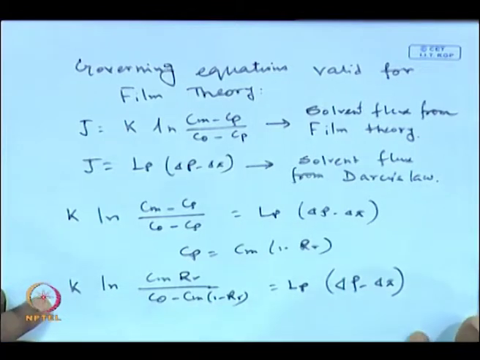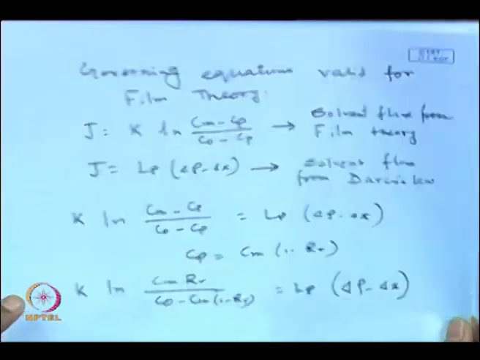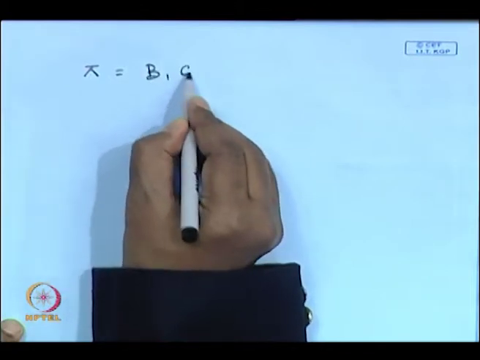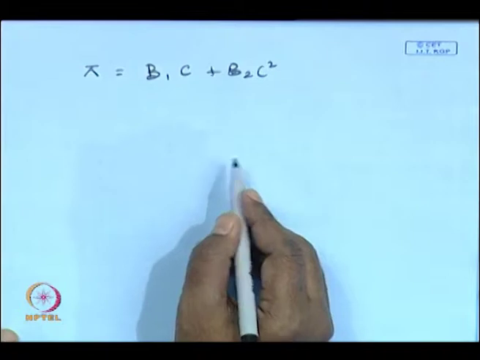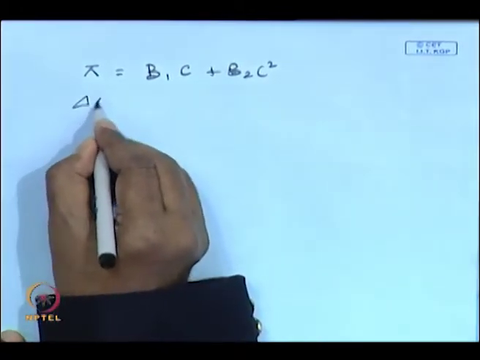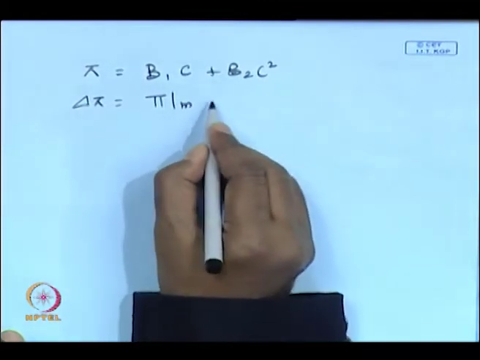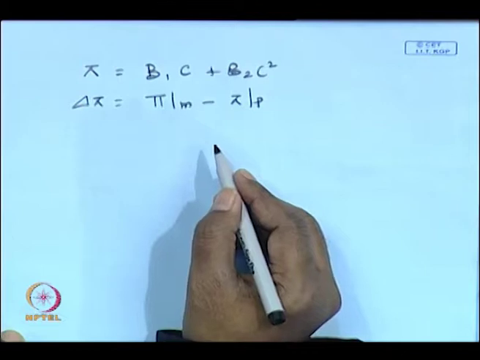Okay. Now, we will just simplify the expression of delta pi. The expression of pi was given as B1 c plus B2 c square, where the coefficients B1 and B2 are given. So, what is delta pi? Delta pi will be nothing but pi at the membrane surface minus pi at the permeate stream.